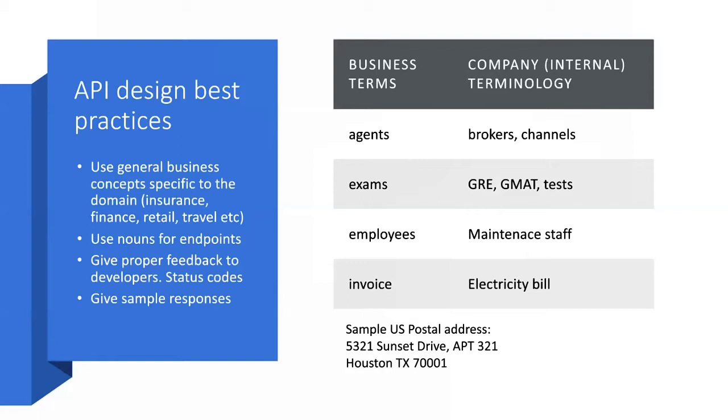So you want to send your letter to 5321 Sunset Drive, an apartment, and then the city is Houston, the state is Texas, and then you have your zip code. So there's a contract here, right?